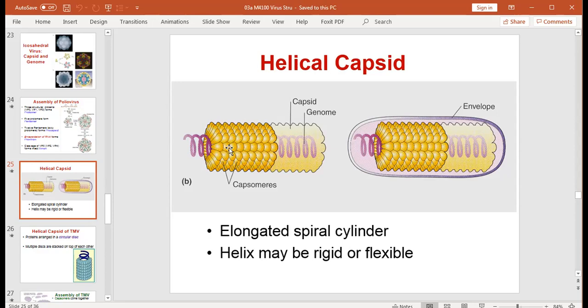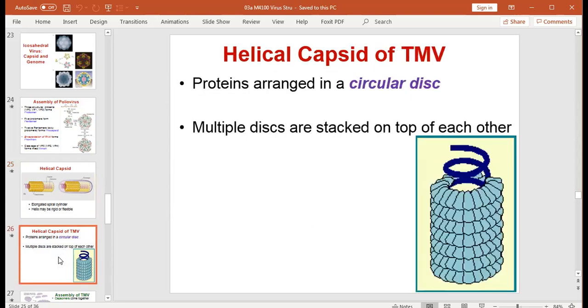And this helical structure or helix can be rigid or it can be very flexible. Slide number 26 is the depiction of a helical capsid of tobacco mosaic virus or TMV.